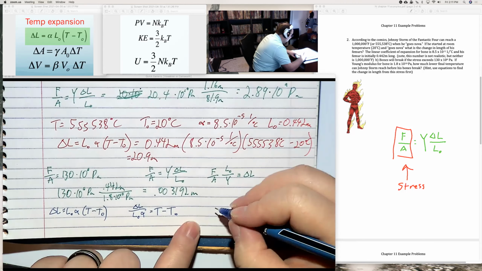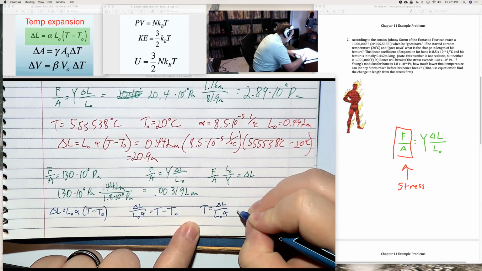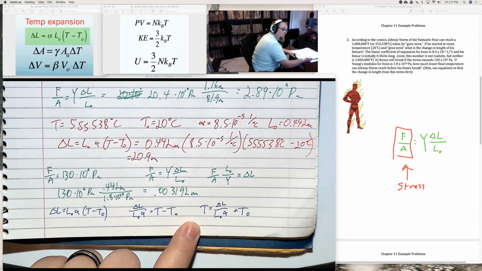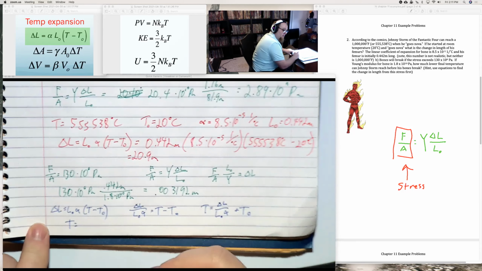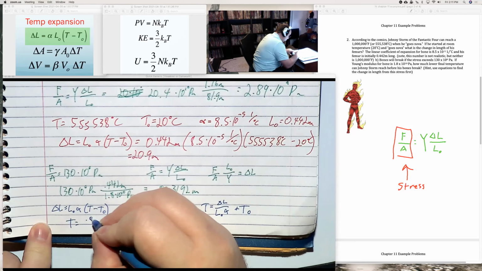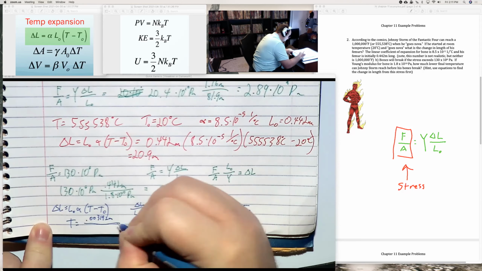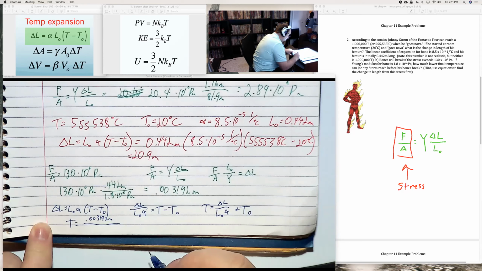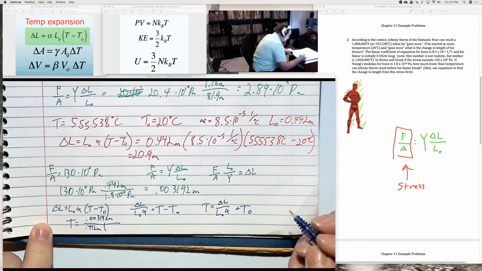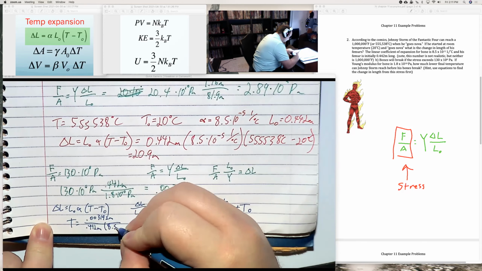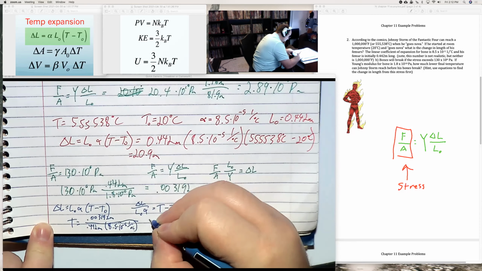And then add T naught to both sides and say the temperature he reaches will be delta L over L naught alpha plus T naught. Which means the temperature will be delta L, 0.003192, over L naught, which was 0.442, times alpha, which was 8.5 times 10 to the negative fifth per degree Celsius, plus 20.